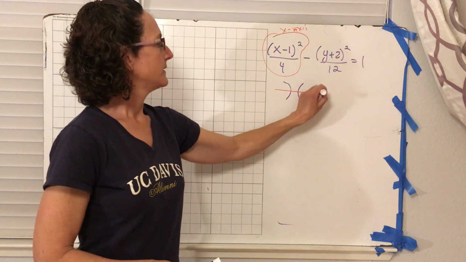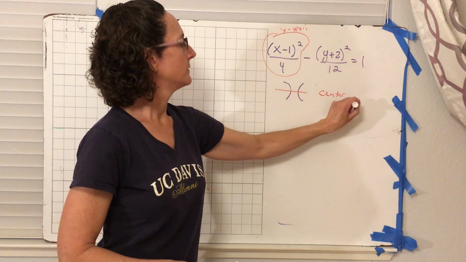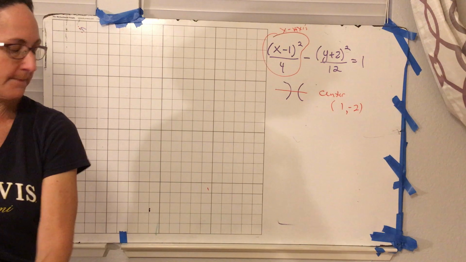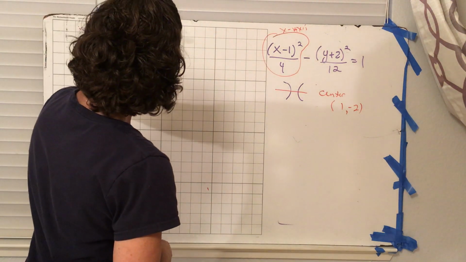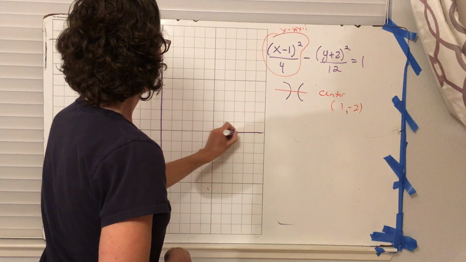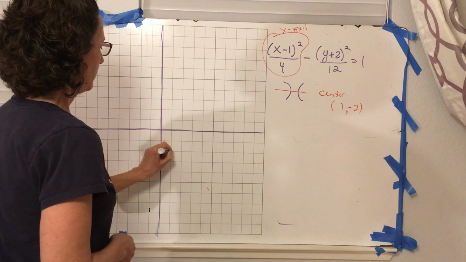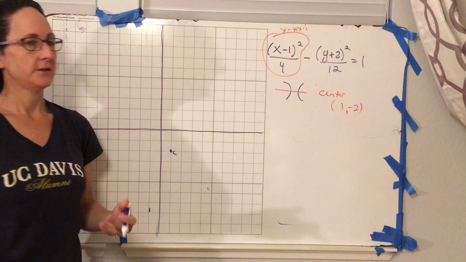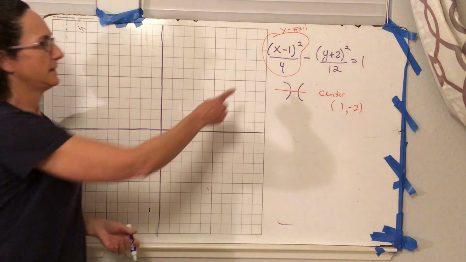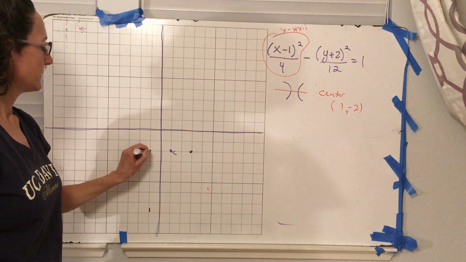All right, so first thing you do is you find the center, which is 1, negative 2. Now you're just pretending kind of like it's an ellipse. In the x direction, you go out 2 from the center.